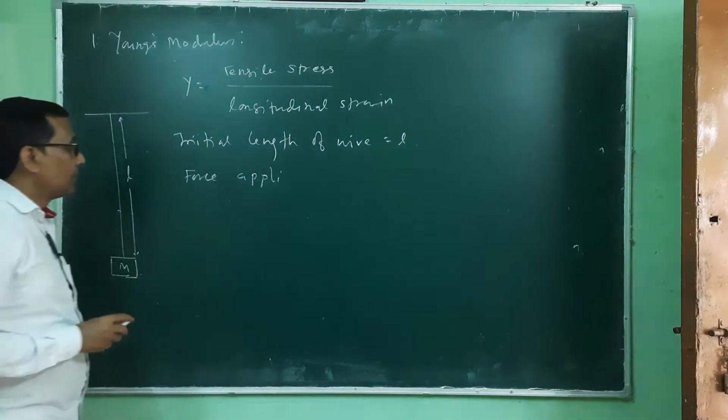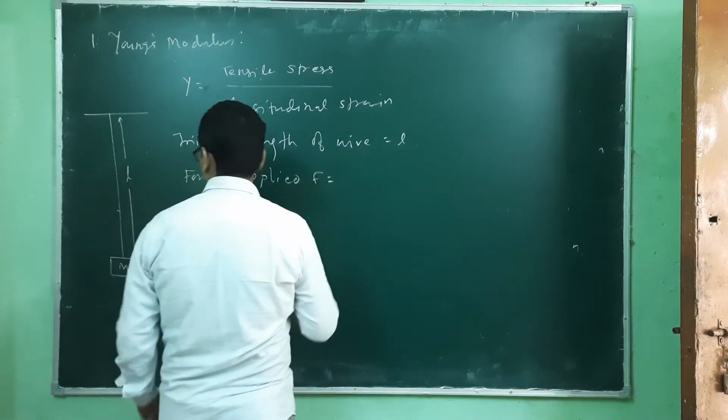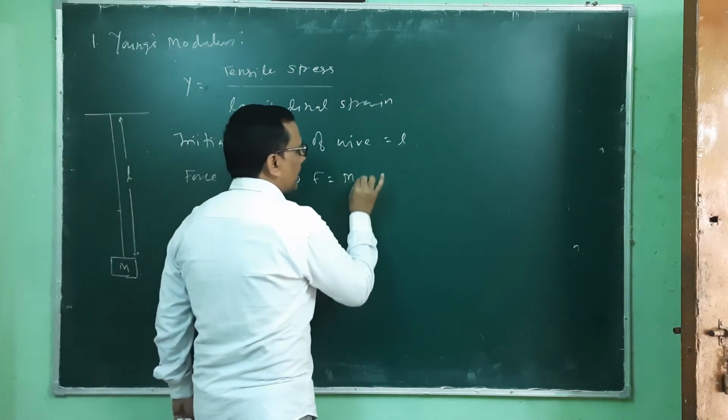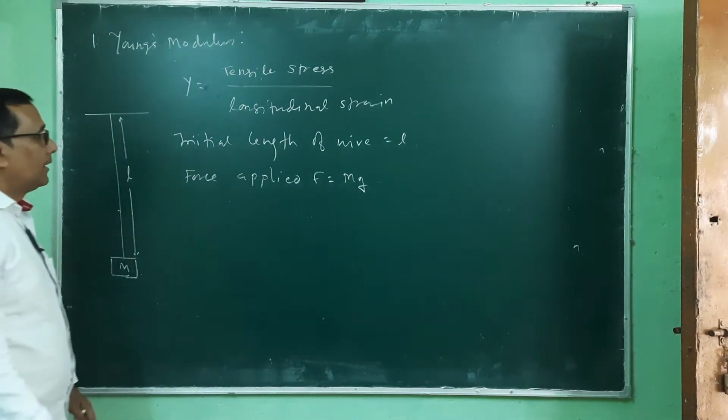Deforming force. So this deforming force is equal to F, and if the mass is M, it will be equal to mass multiplied by g, the gravitational acceleration applied by the earth.